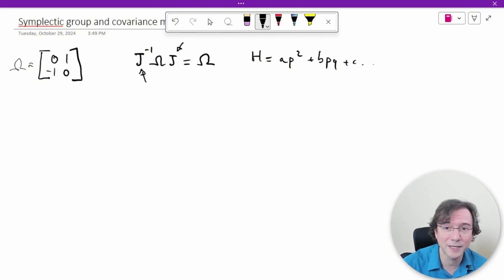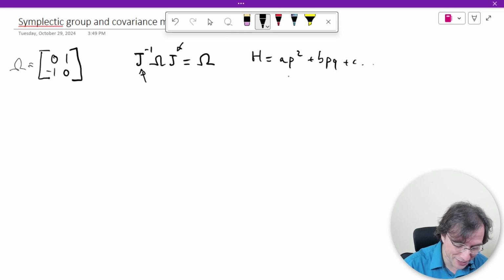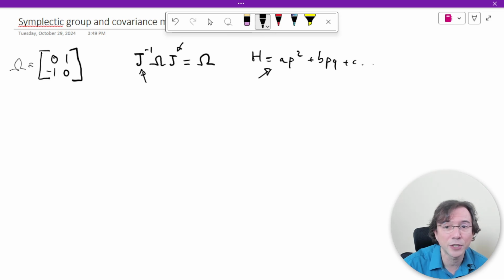So one of the properties of the symplectic group, which would be all these Jacobians, all these matrices that can be derived from some Hamiltonian that is quadratic, is that they're going to have determinant 1.